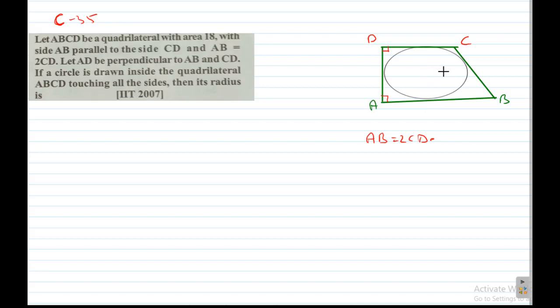An important thing is that the given quadrilateral is a trapezium, because BC and AB are both perpendicular to AD, which means these two are parallel only. That's why ABCD is a trapezium.